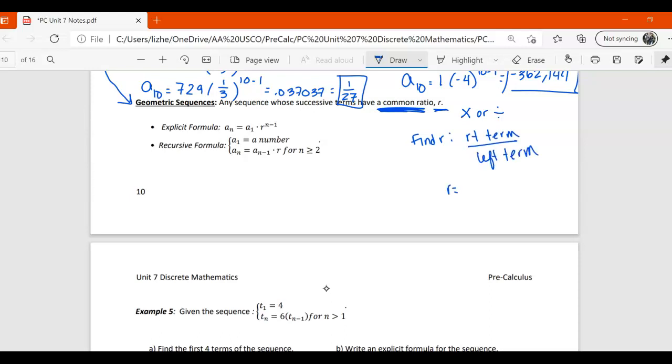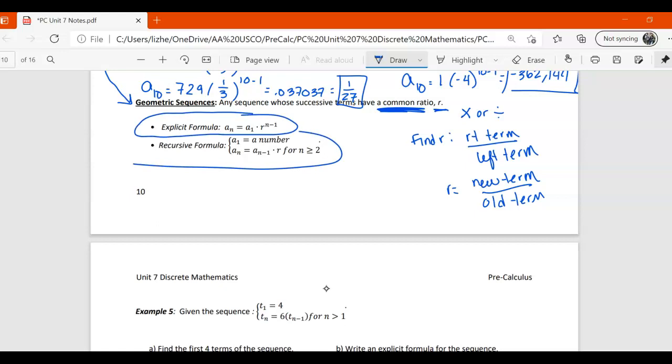Or we could think of it this way, new term divided by old term. Here's your two formulas. We've already used this one. And here's your recursive. Notice that this is an exponential form.